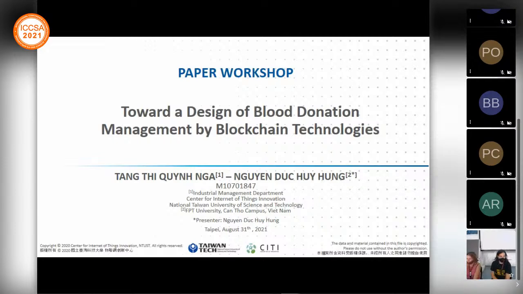At the start of one transaction, all the information is encrypted. When this information is transferred to the endpoint, I mean the patient, only the key information, such as the time, the place, or the kind of blood, is shown to the patient, and the other information is still kept encrypted. That is the reason why the private information is kept secure in this way.